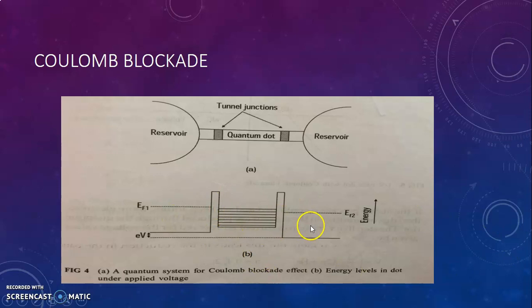Now, if the charge on the quantum dot is capital Q and its capacitance is given by capital C, then the potential energy is given by Q²/2C. Therefore, the total potential energy is Q²/2C.